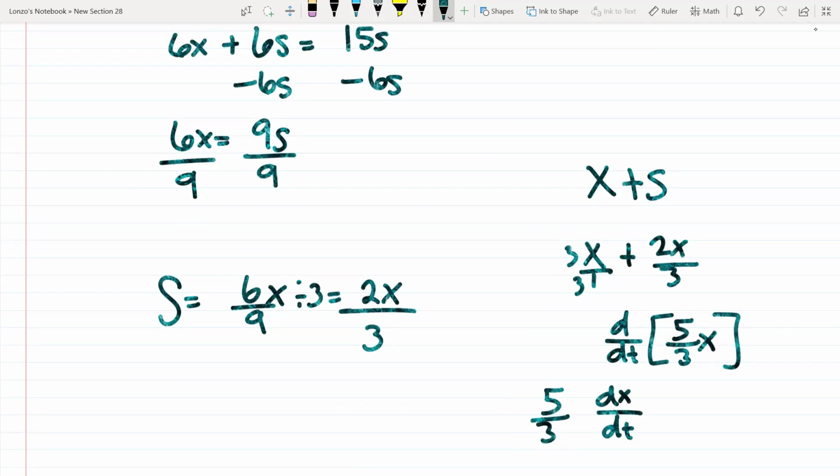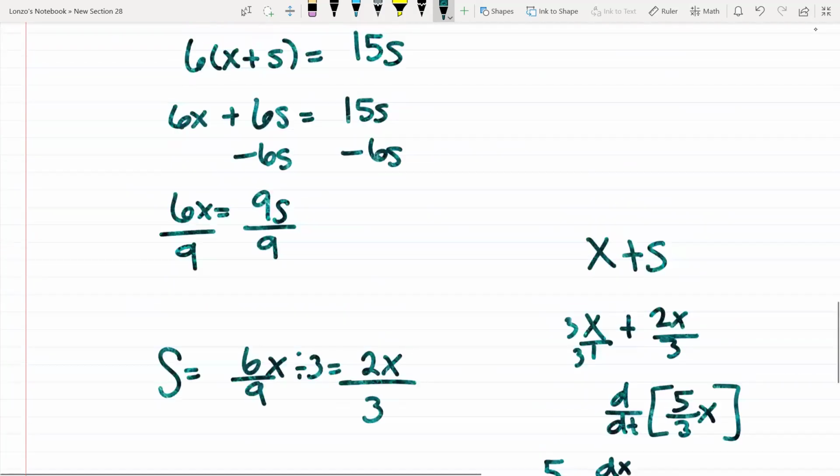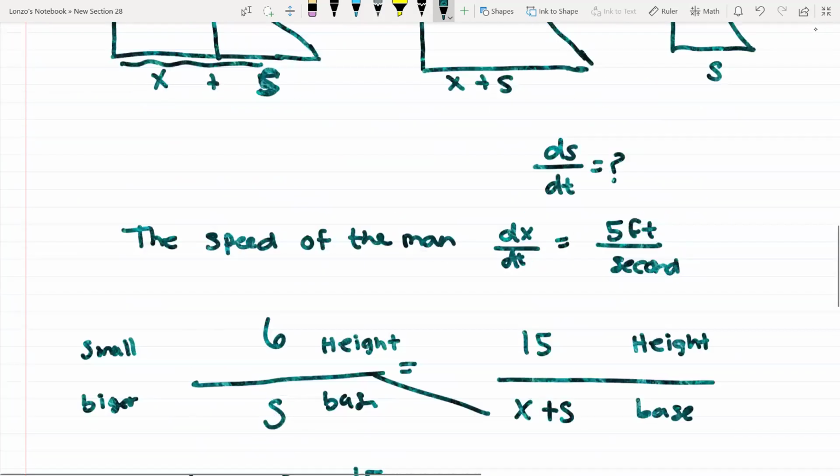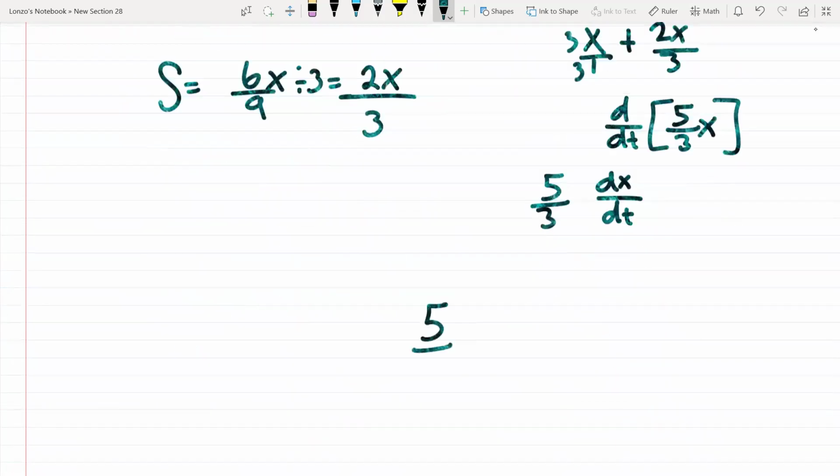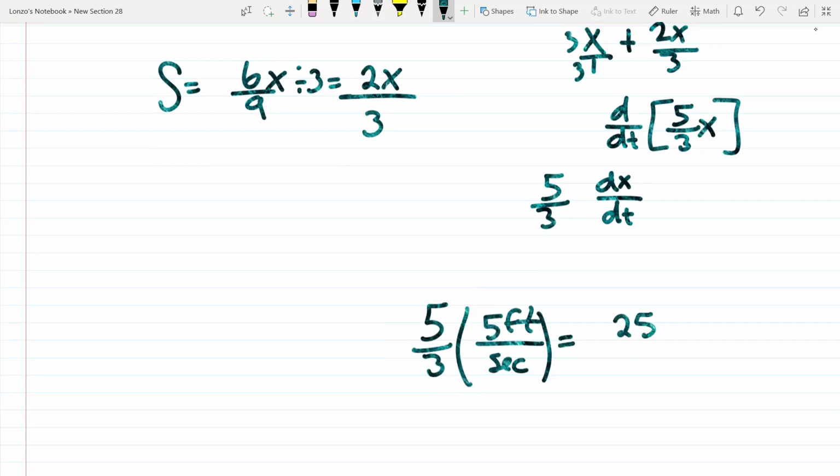Do we know what dx/dt is? Yes, that was 5 feet per second. So it would be 5 thirds times 5 feet per second, which is 25 over 3 feet per second.